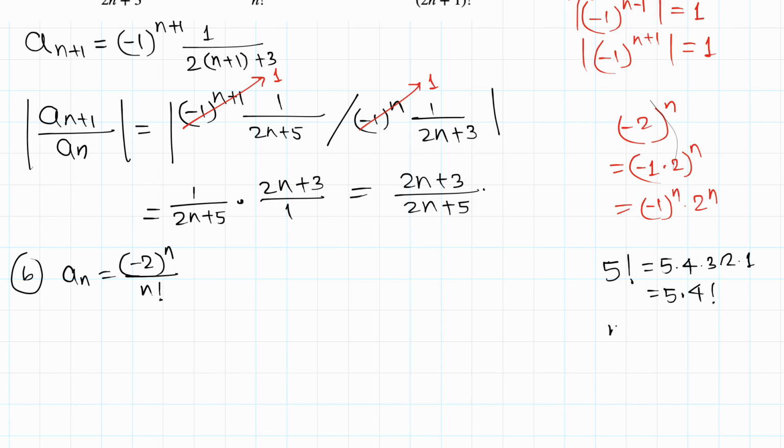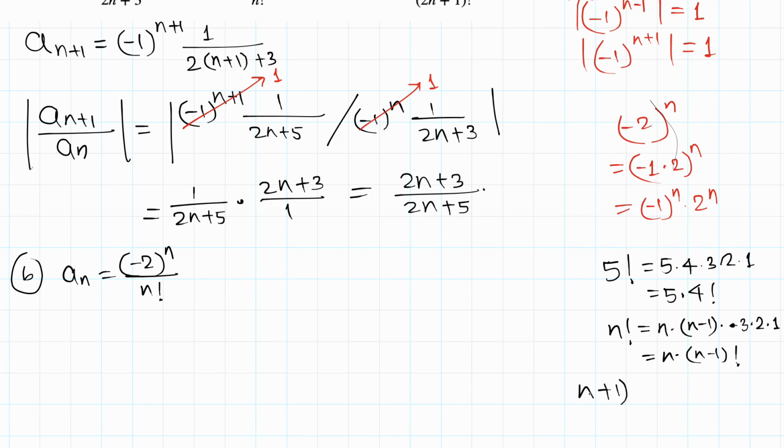In the same way, if we have n factorial, that is n times 1 less, n minus 1, n minus 2, all the way to 3, 2, 1. So we can rewrite it, depending on the situation, as n times n minus 1 factorial, or we can go even n times n minus 1 times n minus 2 factorial if we need.